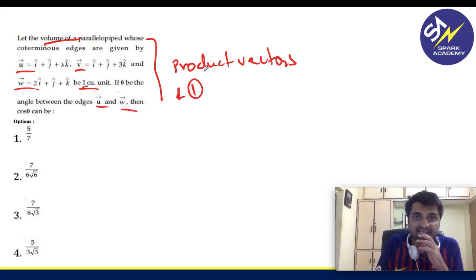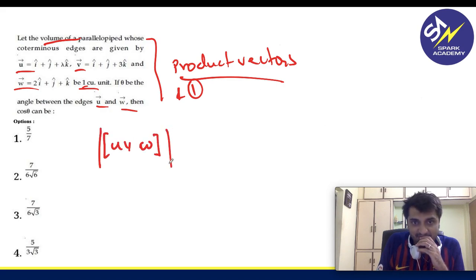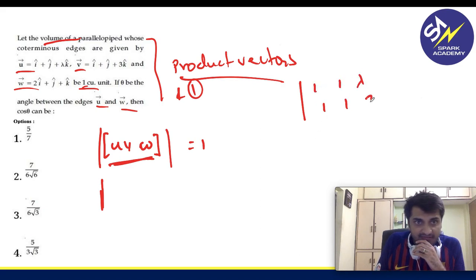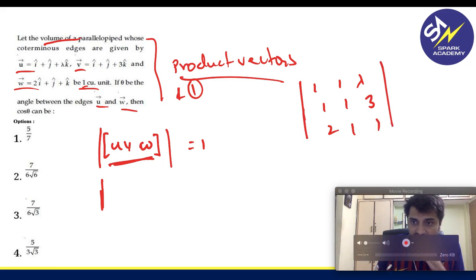Now, vectors we have come to. Parallelepiped, what is the volume of a parallelepiped? Box of u, v, w in mod. That is given as 1 cubic unit. So how do I write this now? How do I find out the box? Box means I'll write 1, 1, lambda; 1, 1, 3; 2, 1, 1. Correct?